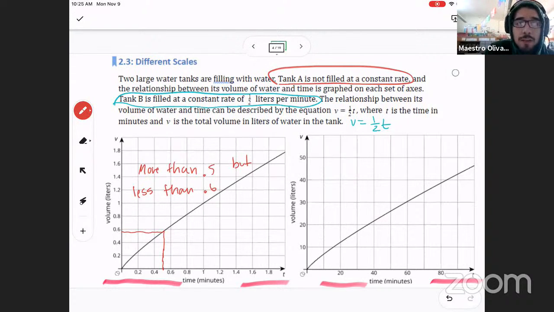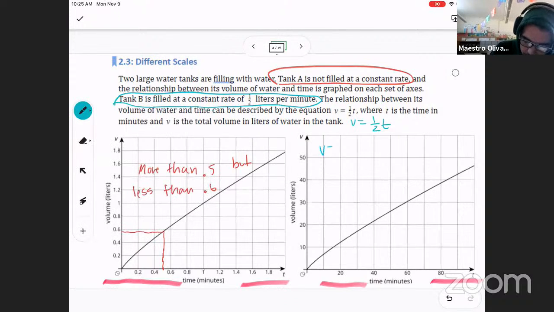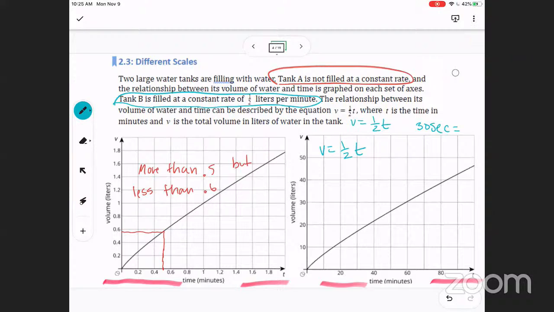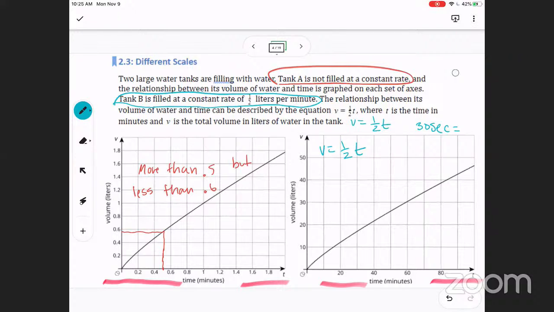And according to the equation, V equals 1/2 T. Let's see, 30 seconds. How do I write that as a fraction? Like a minute. 30/1. 30 over, well, how many seconds are there in a minute? 60. So 30/60.